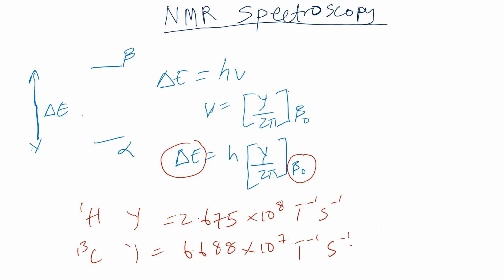So this is how to calculate the energy difference between the alpha spin state and the beta spin state.